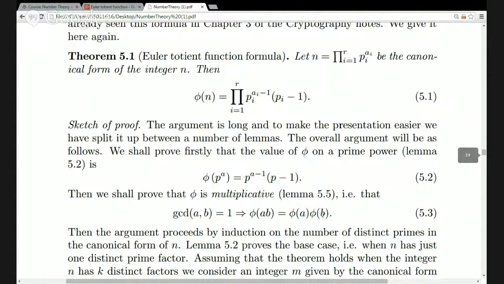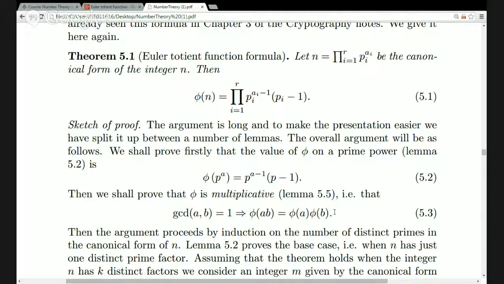Now this feature of the function phi is quite common in number theory and in mathematics. It's called being multiplicative. This is the definition of the multiplicative property that you can attach to functions.